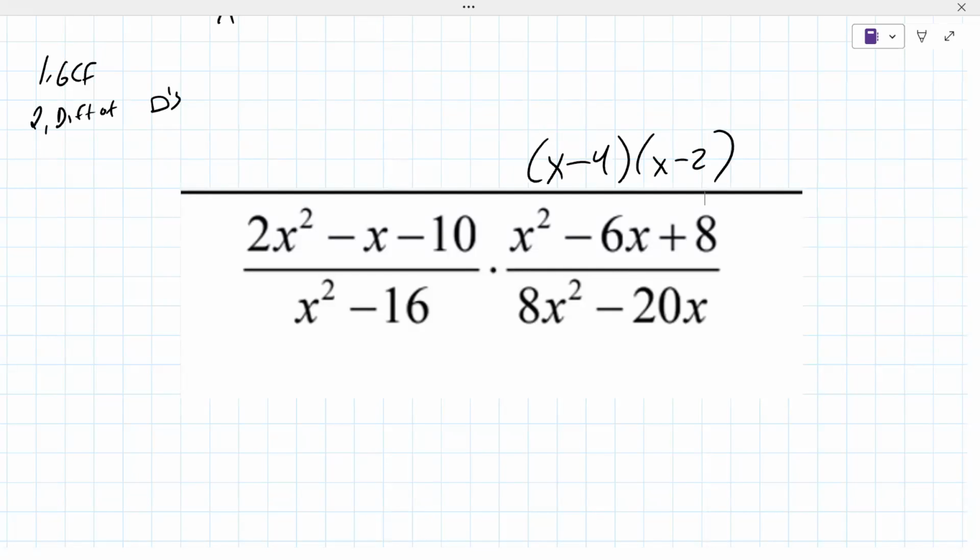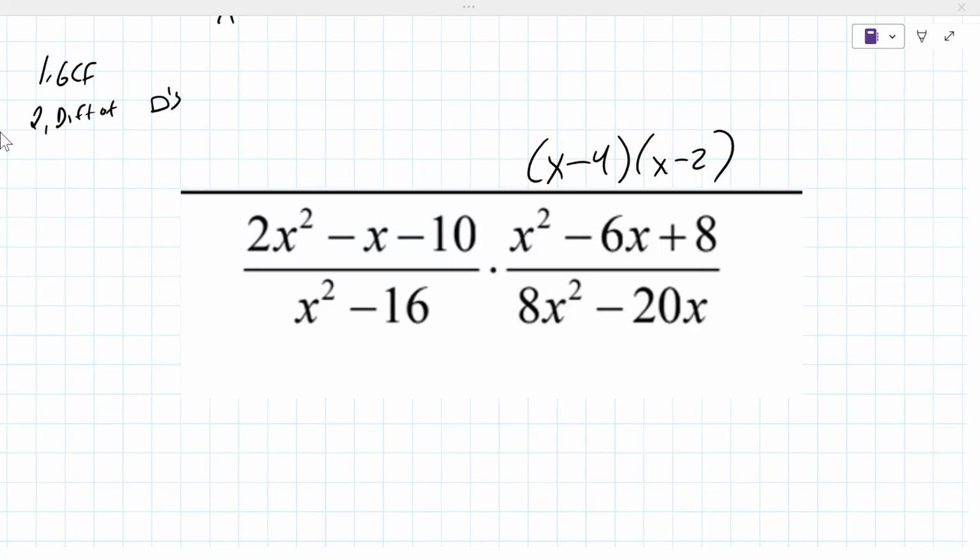So let's see. Start off at the top left. x squared minus x minus... Wait, couldn't you just take out the 2?